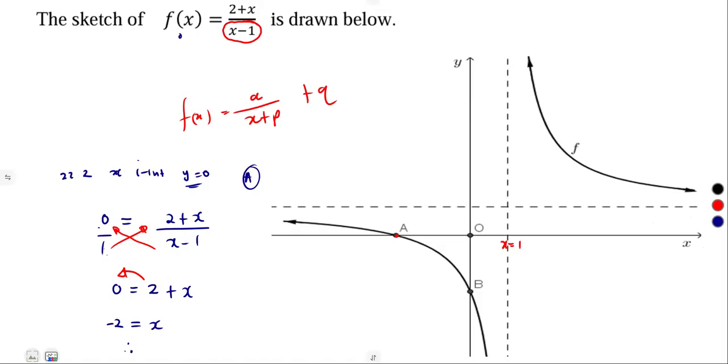So therefore, the point A, which is our x-intercept, can be written as negative 2, 0. When x is equal to minus 2, y is 0. So that's the value of x at A, negative 2. Just like that, all right?